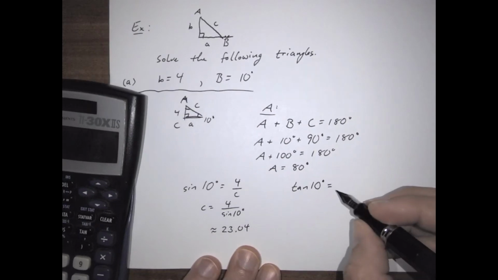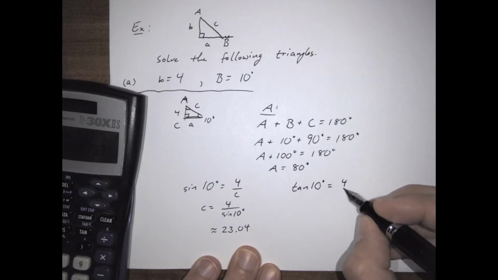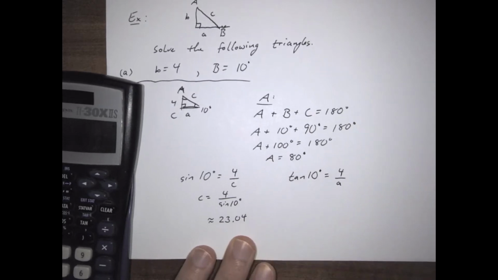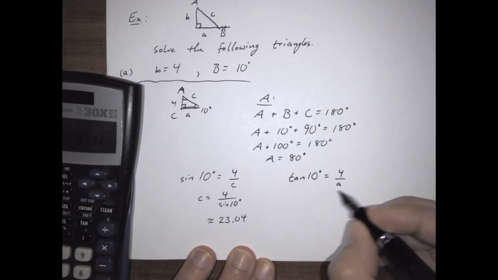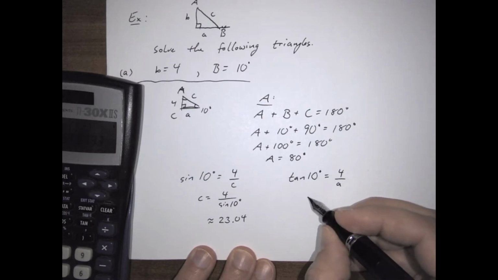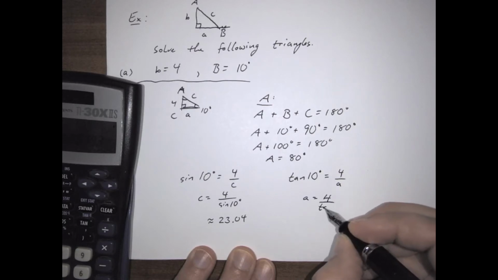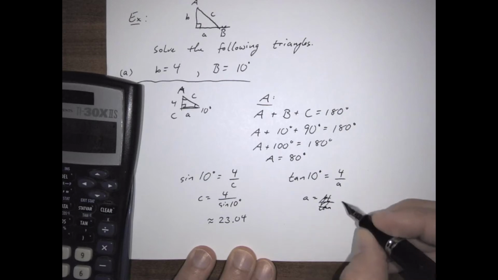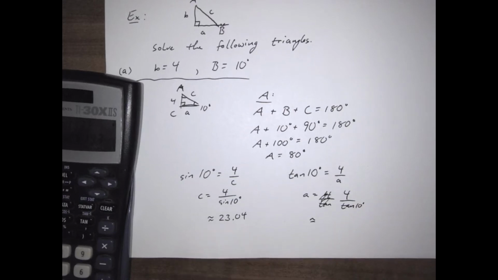The tangent of 10 degrees is opposite over adjacent, so that's 4 over the mystery a. I would do the same thing, but with tangent instead of sine: multiply both sides by a, divide both sides by tangent of 10 degrees, and so we'll have 4 divided by tangent of 10 degrees.